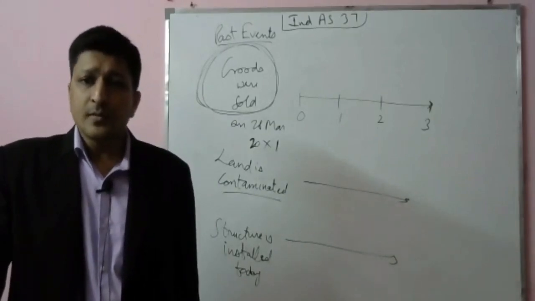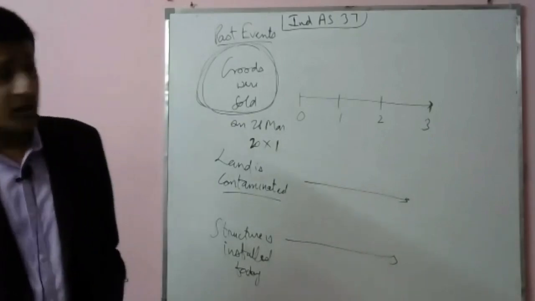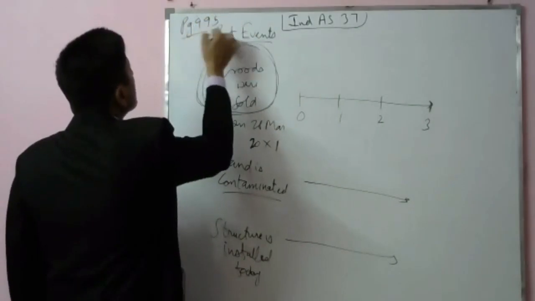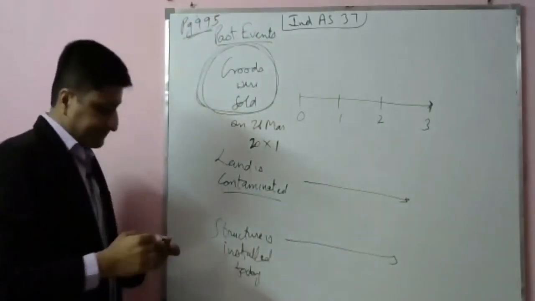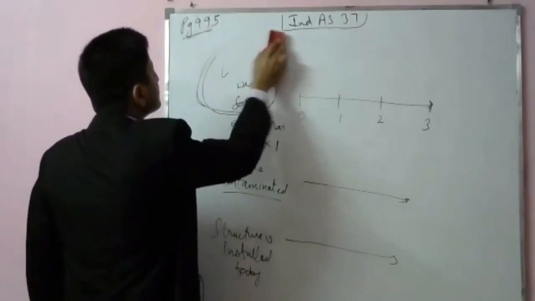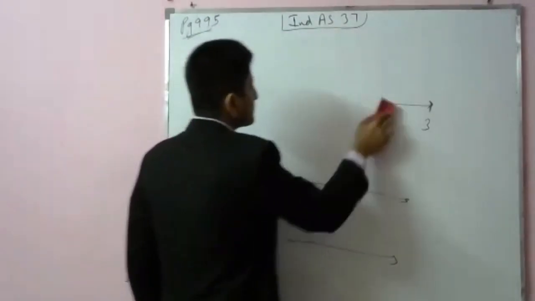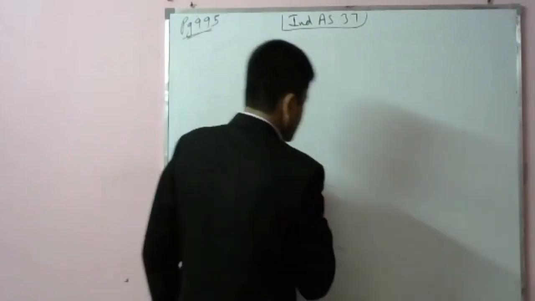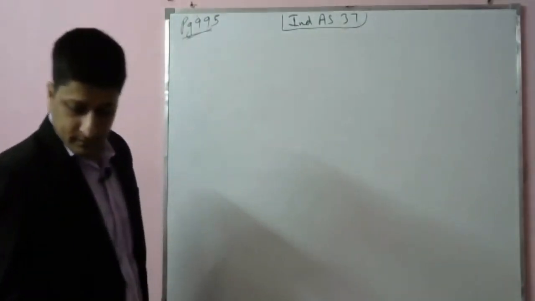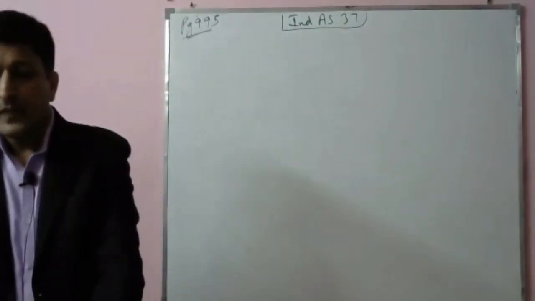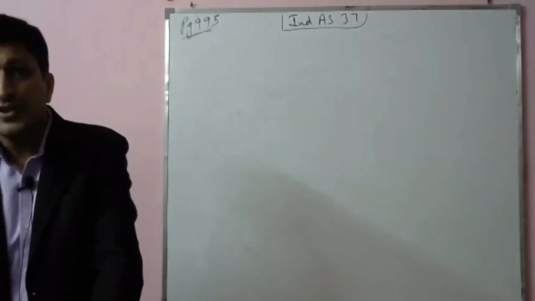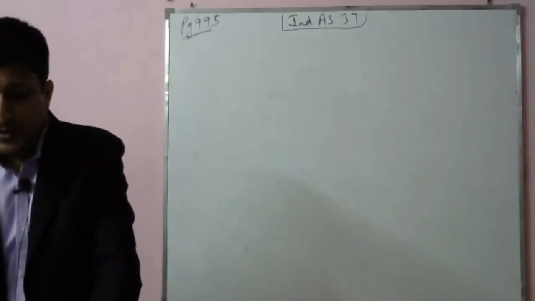So we'll now move on to some examples. You can go to page number 9.95. At times, it is possible for an entity to avoid the future expenditure through its future actions.